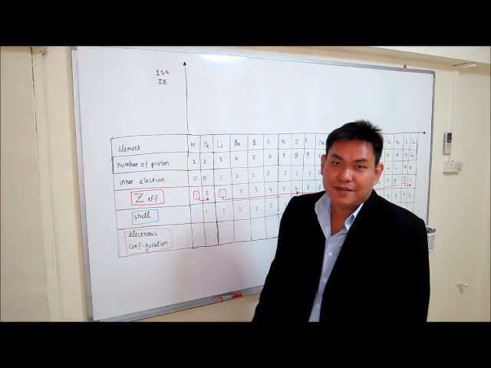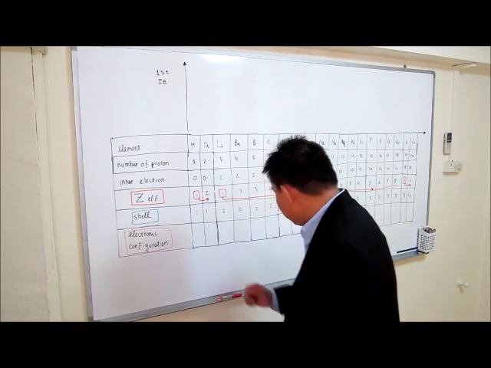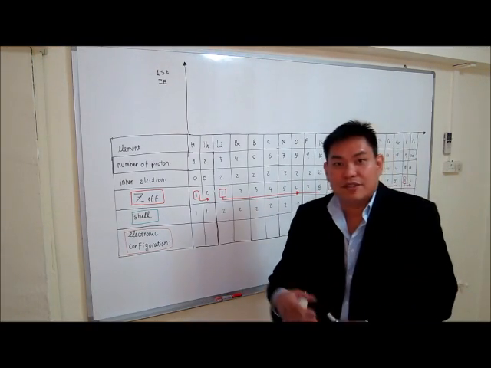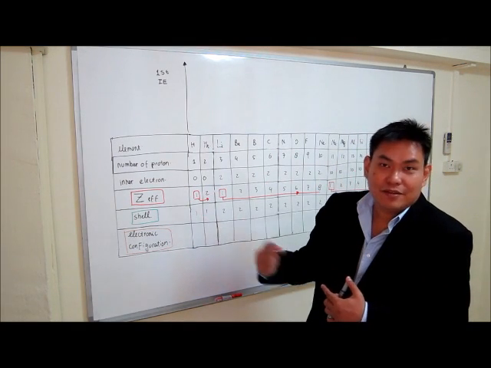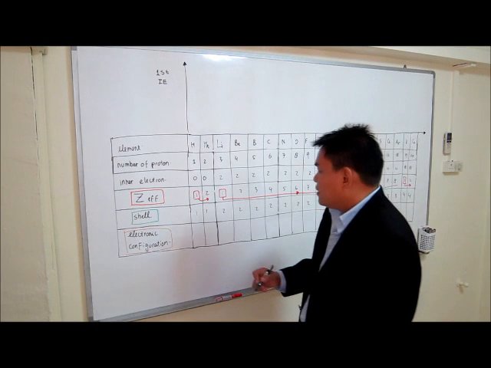How about the number of shells? Intuitively, very simple. The more shells you have, the farther away the electron is from the nucleus, then it's going to be easier to remove.